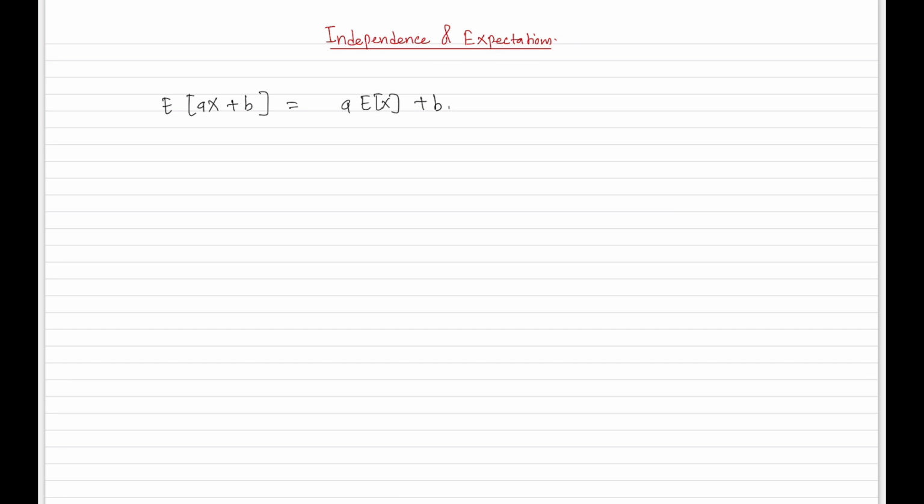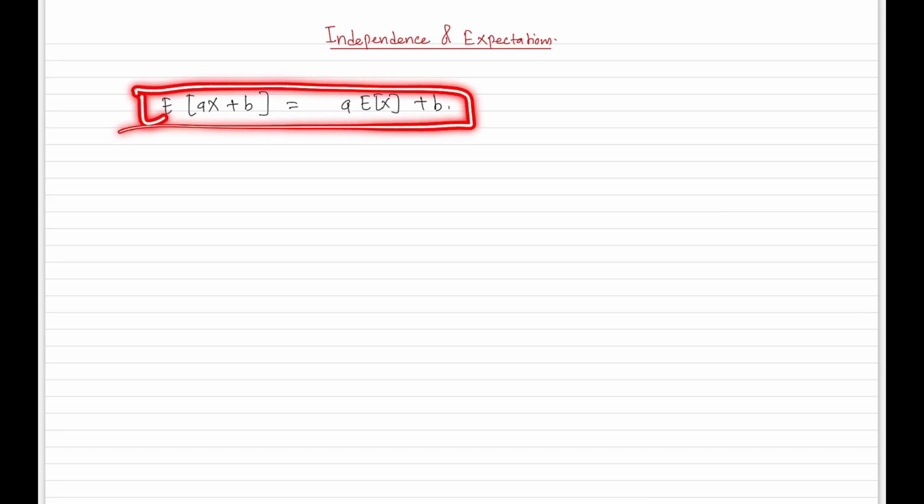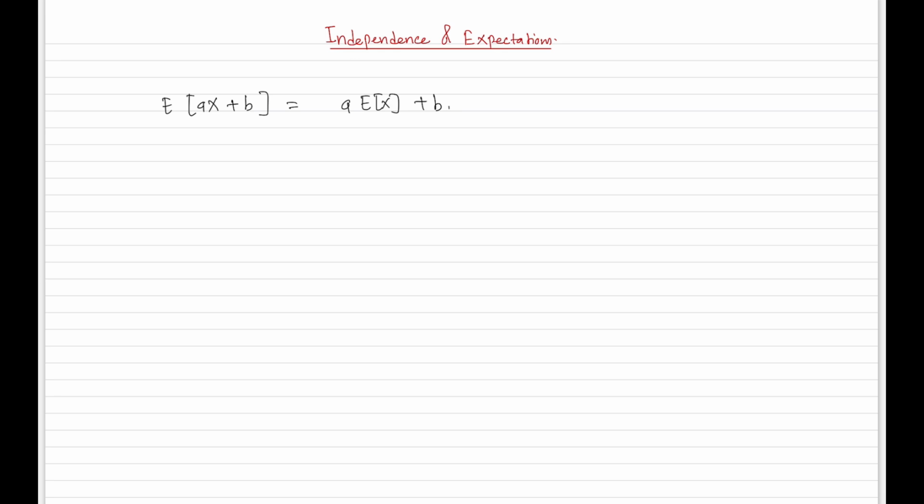We cannot say that the expectation of a function will always be the same as finding the expectation and applying the same function. This is the exceptional case where this is true, since this is a linear function. But in general we cannot say this.